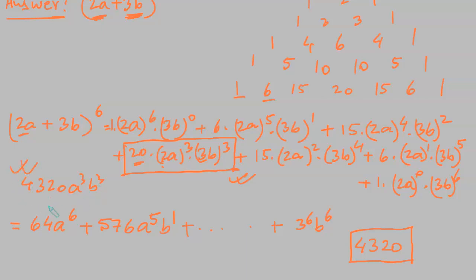But they have not asked about what is the term which contains a to the power of 3 and b to the power of 3. They have asked for the coefficient of the term, coefficient of a to the power of 3 and b to the power of 3, which is only this part. If they ask for the term, then you give the whole thing. If they ask for the coefficient, you have to just give this part.